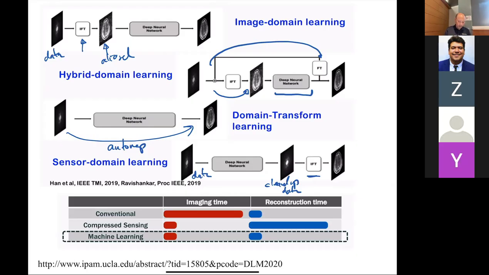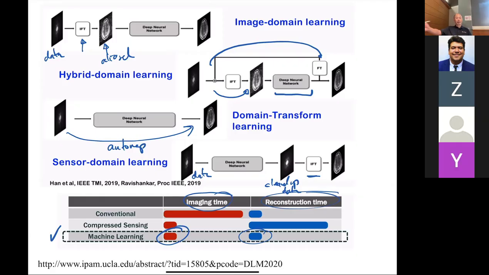But here's the real interesting thing about it, which is why deep learning is such a big possible win: it reduces your imaging time and also the reconstruction time is very short. Whereas with compressed sensing, it reduces your imaging time, but sometimes the reconstruction can take too long. And that can be a problem if you're scanning lots of people, right?